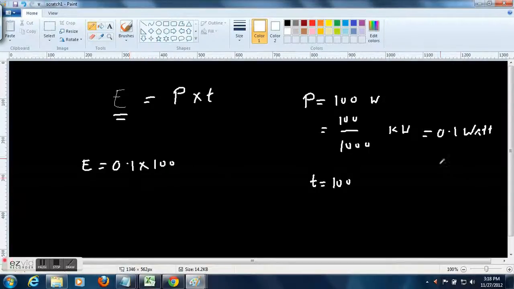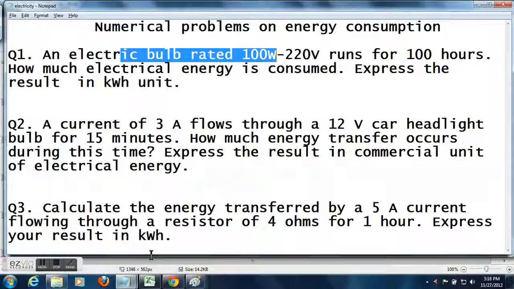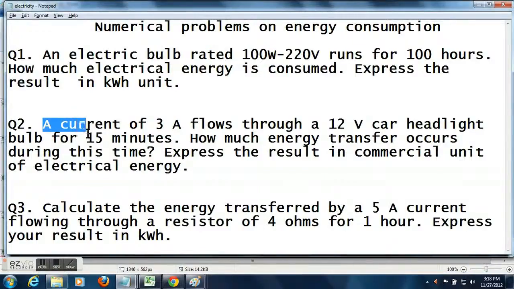Therefore the energy consumed will be 0.1 kilowatt hour, kWh, multiplied by time, which is in hour. So that comes to 10 kilowatt hour. So this will be the amount of energy that will be consumed by this electric bulb when it glows for 100 hours. Let us look into the problem number 2.